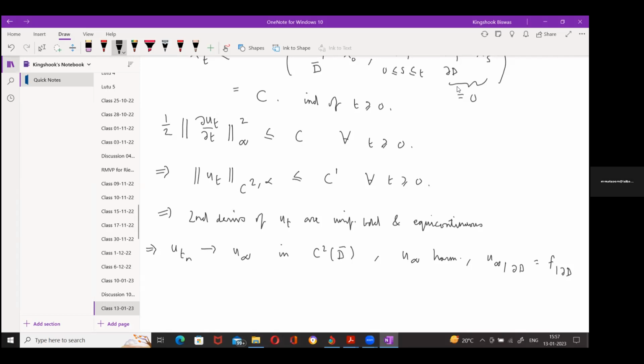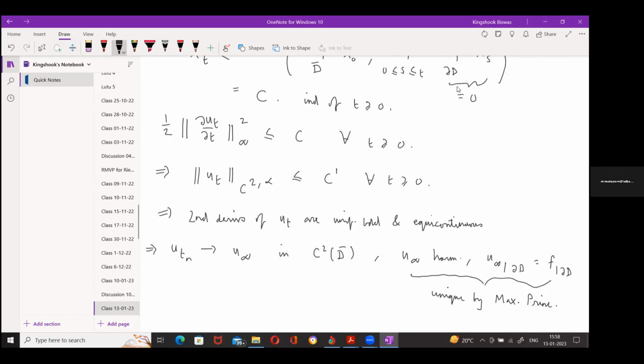Now this U infinity is unique. Why is it unique? By the maximum principle. Because if I have two harmonic functions which have the same boundary values, then their difference is harmonic and vanishes on the boundary.